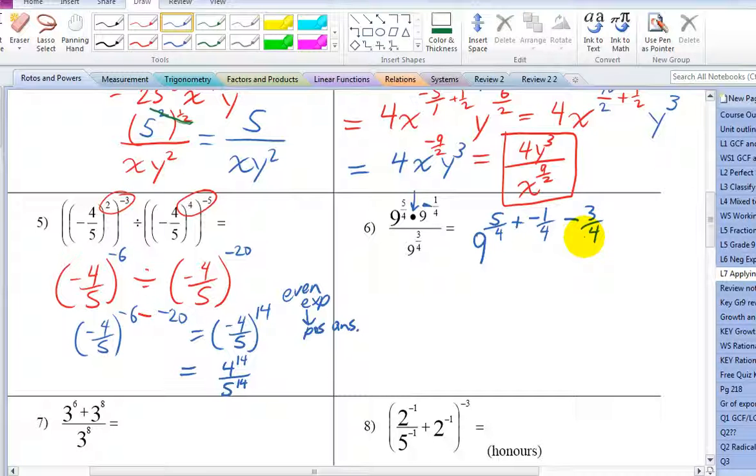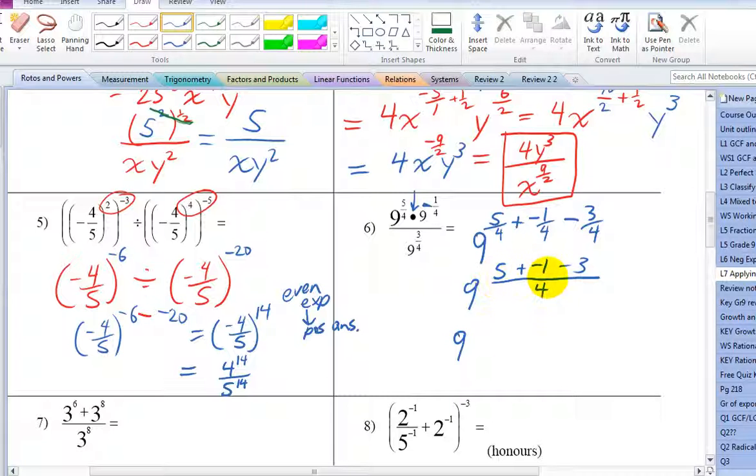Okay. Now, since all of them are the same, you know what you can actually do? Is write it as one big fraction. Yes, I am doing that for a reason. Okay. Anytime you add or subtract, you can write that as a big fraction. Okay.